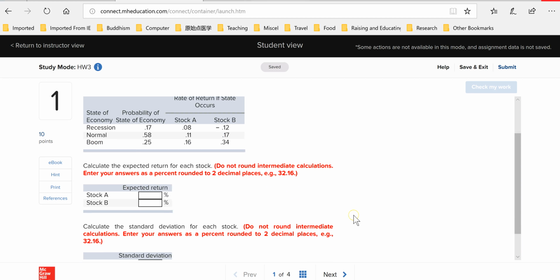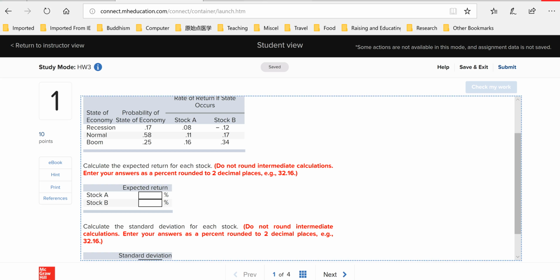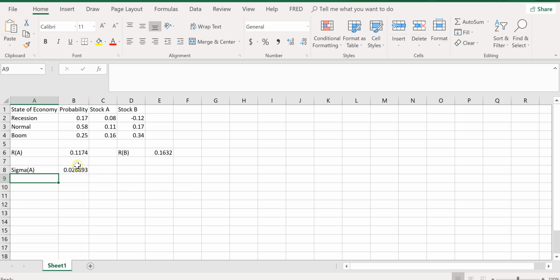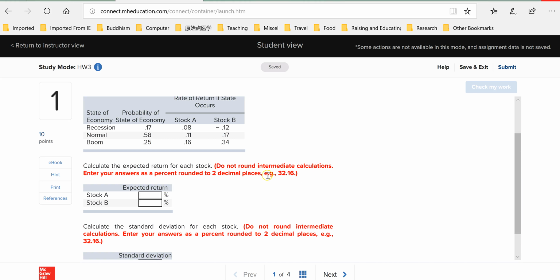So we need to go back to the problem and be mindful of the rounding requirement. So for the standard deviation, it's do not round intermediate calculations. Enter your answers as a percent rounded to 2 decimal places. I think for expected rate of return, the rounding requirement is similar.